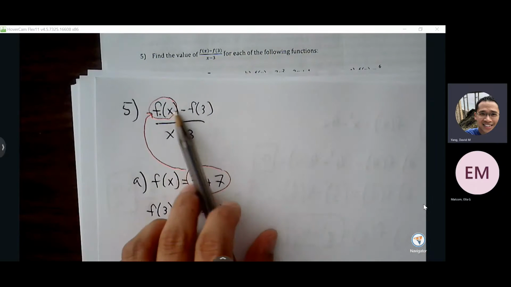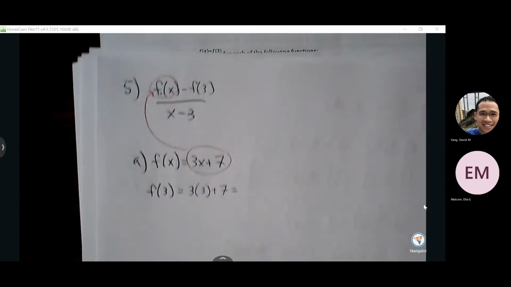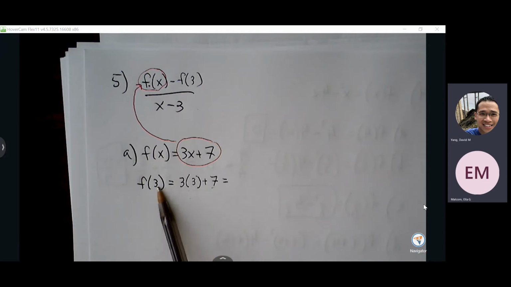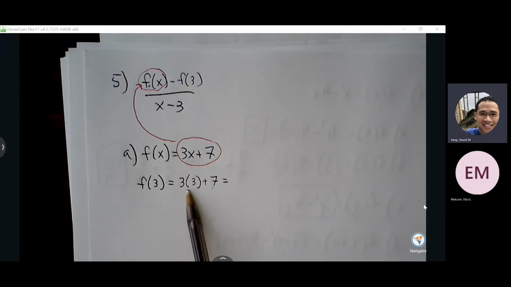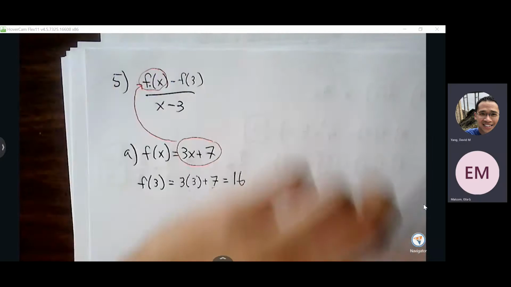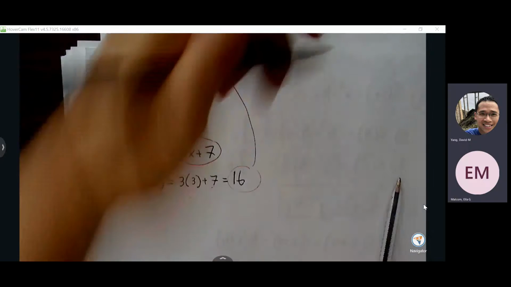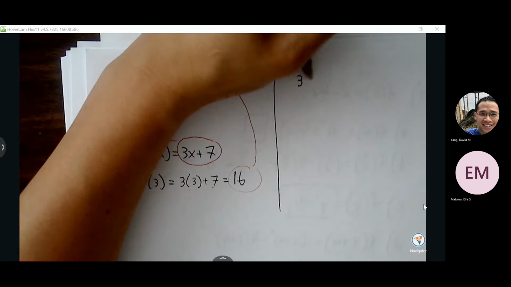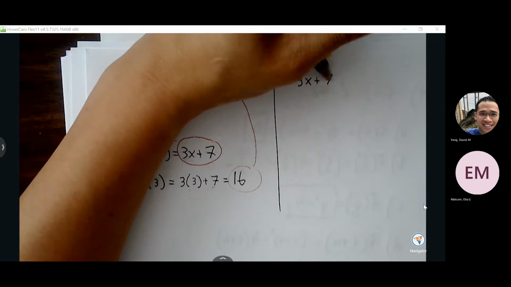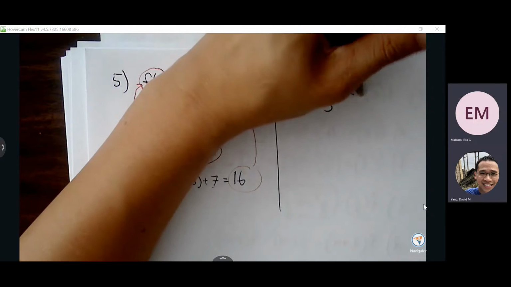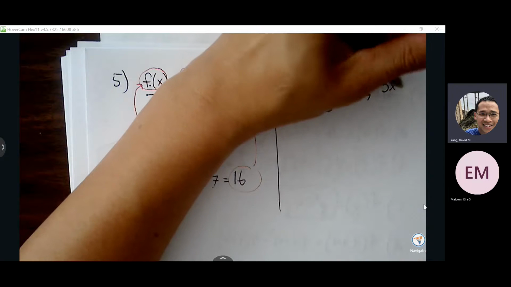That way, I feel like this negative is going to mess us up. So what's f of 3? Minus 16. Yeah, minus 16. So that'd be 3x minus 9 over x minus 3. Okay. You said 3x minus 9.